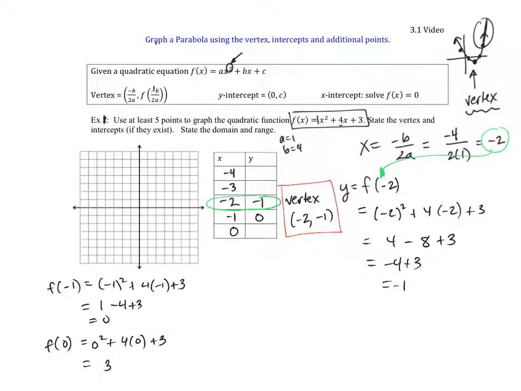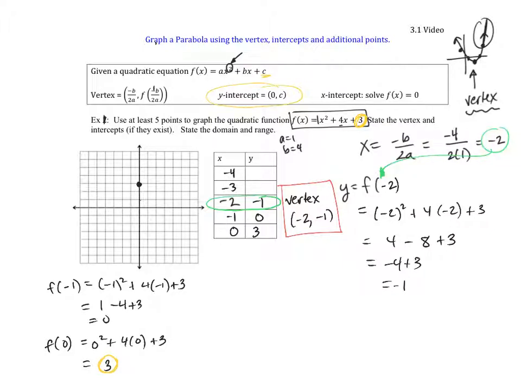There you go. Notice that is the c value. Okay, and when we go to plot that, 0, 3, that's the y-intercept. So the y-intercept is my favorite. It's the easiest to do. You put in 0 for x, and the output is the c value.